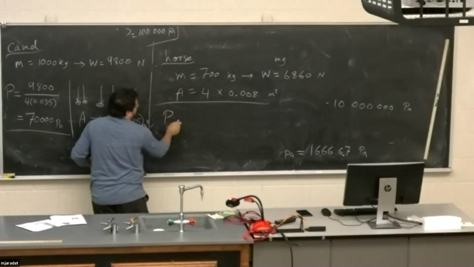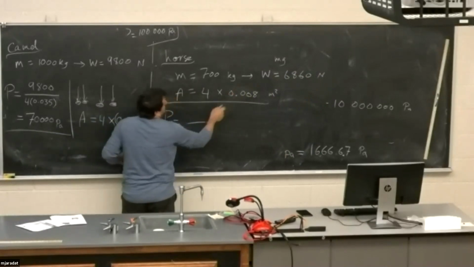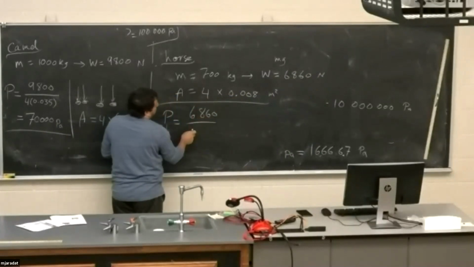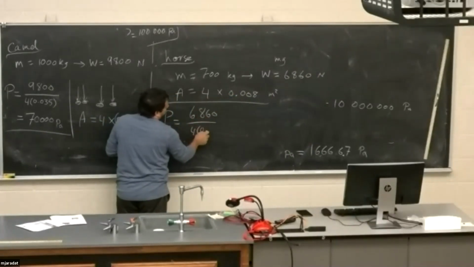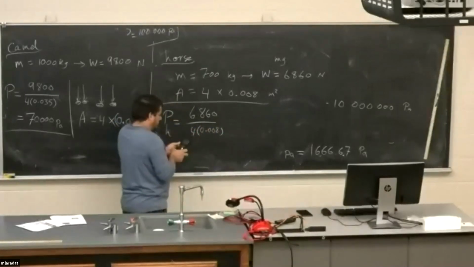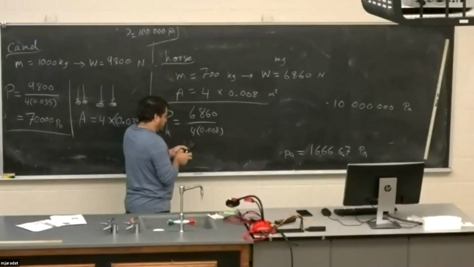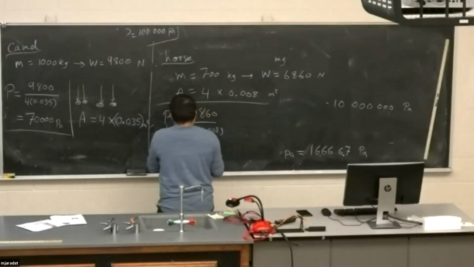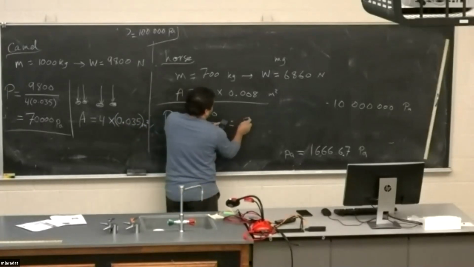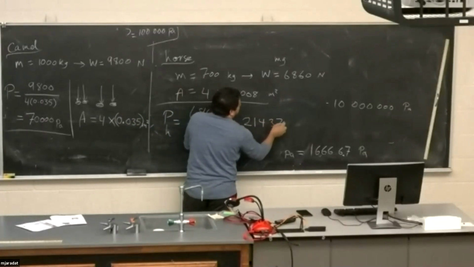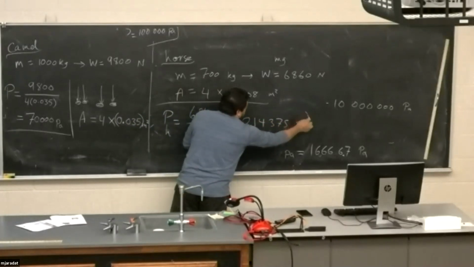In this case, the pressure for the horse is equal to the force, which is this amount over this area, which is 0.008. It is 214,375 Pascal.